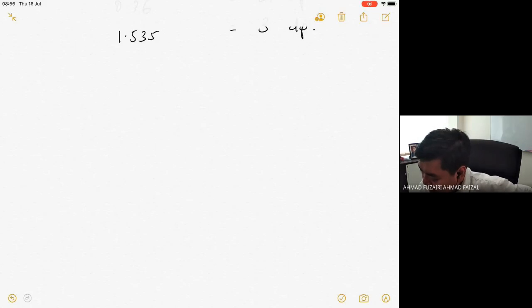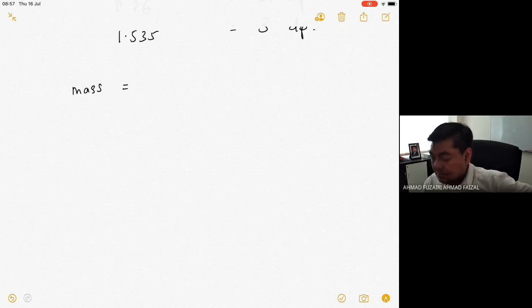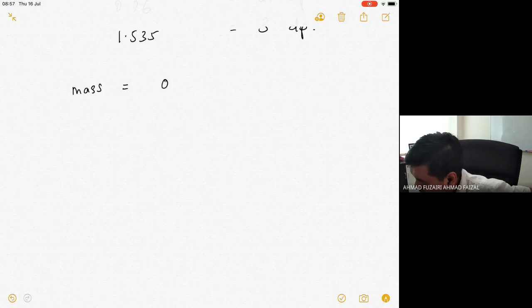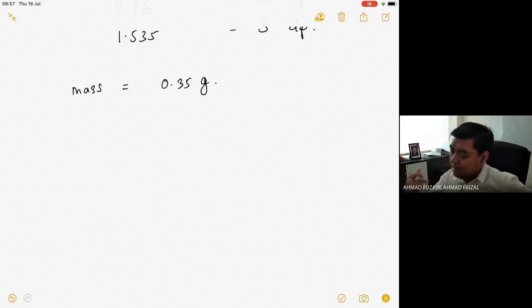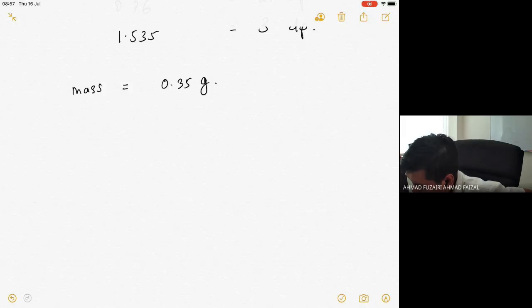So given mass 0.35 gram, and volume 1.47 milliliter.